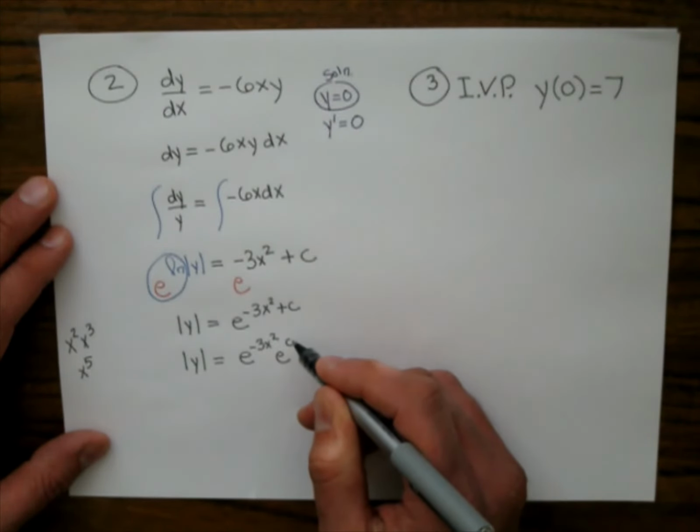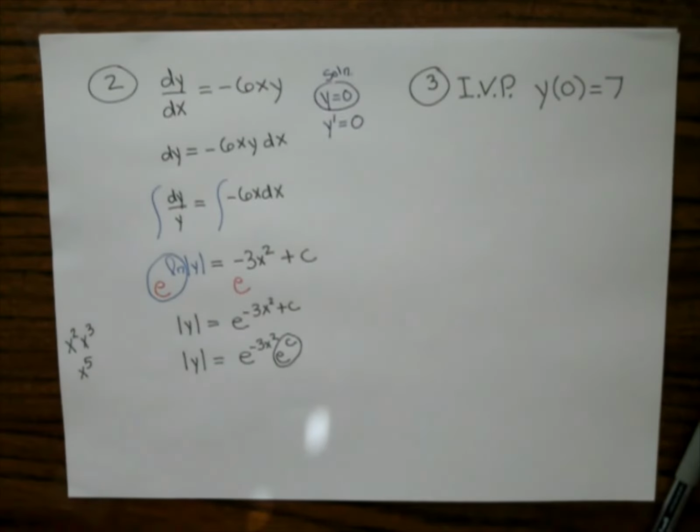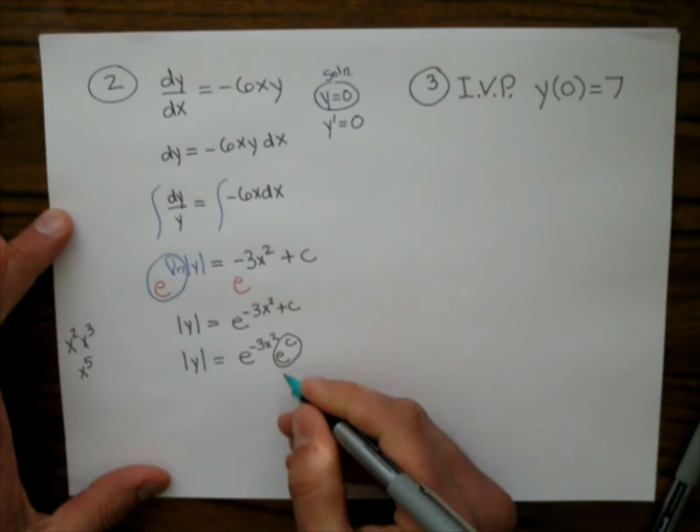e to the c happens to be a constant. Now it's different than c, but I'm just going to write that as c, and I'll make the c in green. So that green c is different than that c up there, the black c. Now, lots of teachers would say you have to put a C1 here and a C2 here.